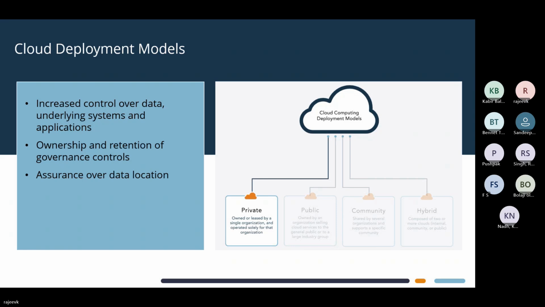So if you are moving into the cloud because you require proper control over your infrastructure, data, governance, policy, everything you want to decide, and you want proper visibility on the same, it means if you require proper governance over everything, including services, data, and policy, private cloud is the best option.